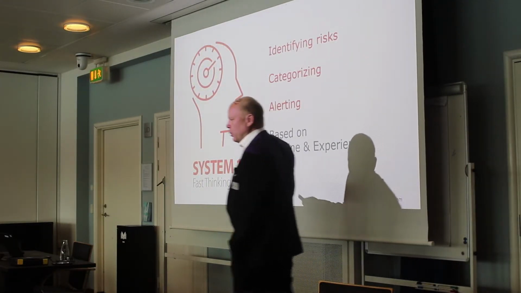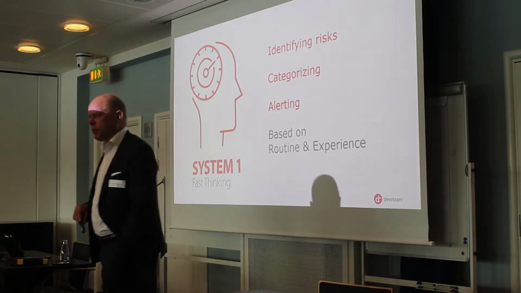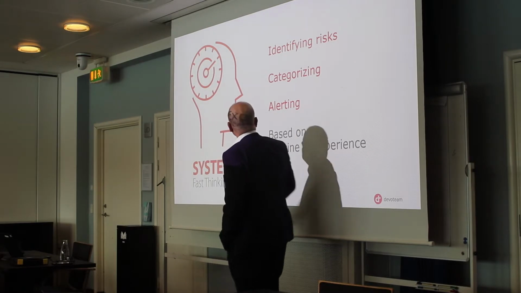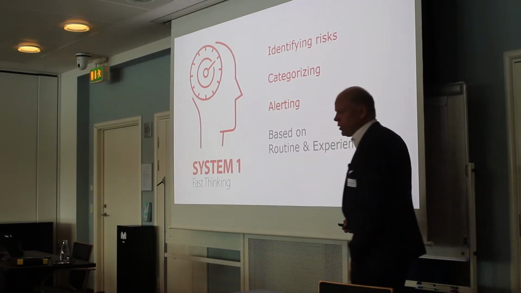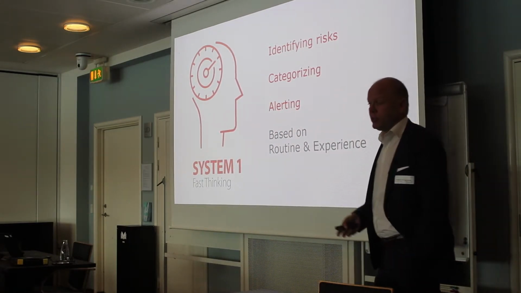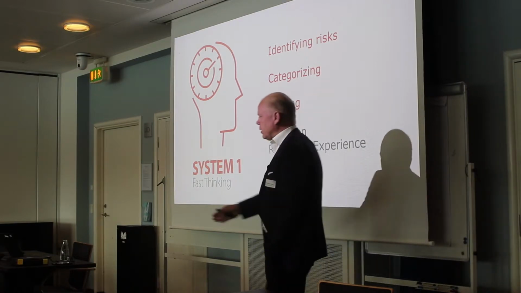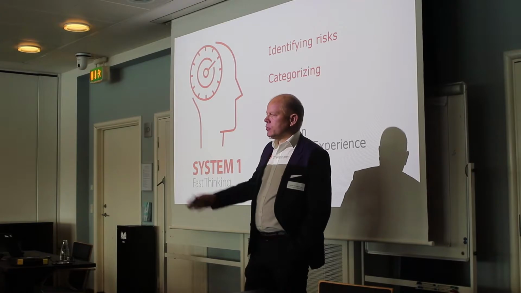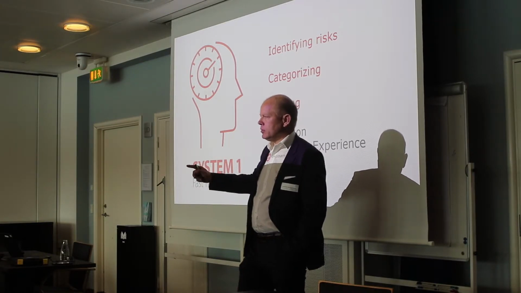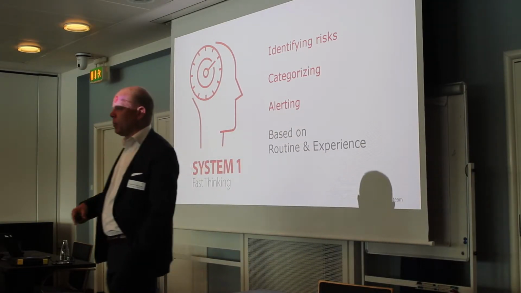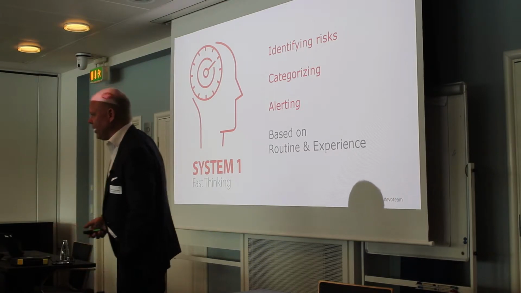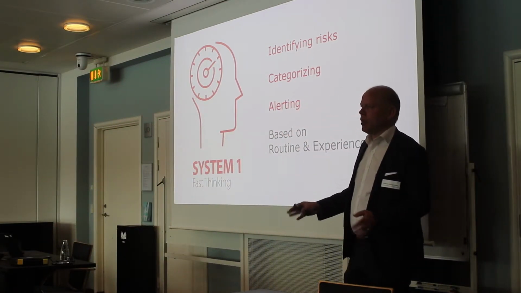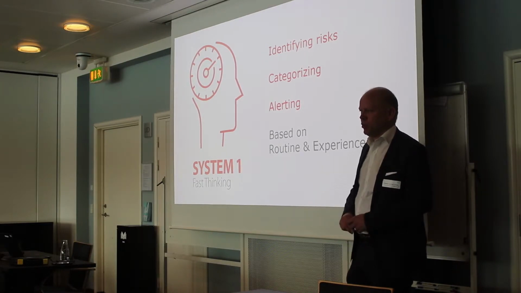So when we do look into risk management, what does that mean? Well, System 1, the fast one, is very good at identifying risks, for instance. So looking at something and saying, I think that's a problem. Like going through Copenhagen and watching someone on a bike with a cell phone in their hand. Just identifying that and saying that's probably something that we should look out for.